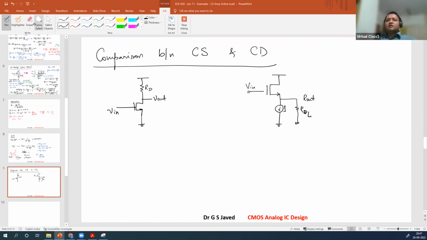Now, what is the first thing we will find out? What is the gain? Gain AV is given as minus GM RL for the common source. What is the gain given here as? This gain will be given as RL, GM by GM we did, RL by RL plus 1 over GM. Okay, this is inverting.